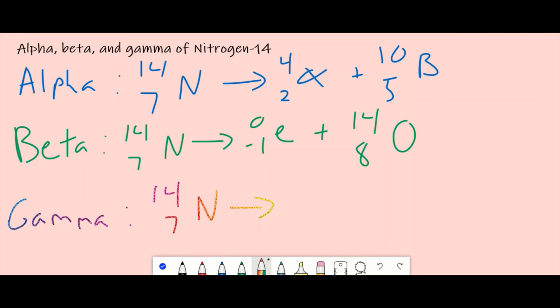Remember gamma, you just do the little gamma sign, and if you want you can put the 0, 0 because nothing changes. Also remember, I keep forgetting this, the asterisk to show that it has a lot of energy. So all the energy is released in this gamma, and it's still going to be the same thing. It's just going to be a little less energetic. And that is gamma radiation. So alpha, beta, and gamma radiation of nitrogen 14.